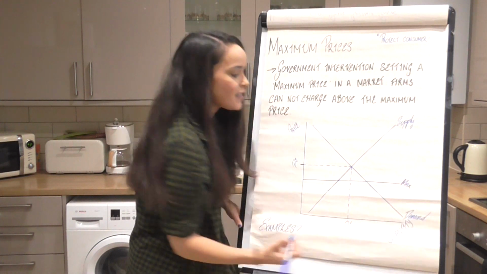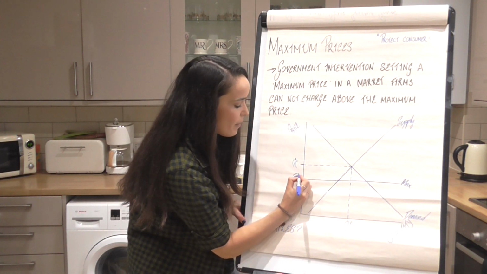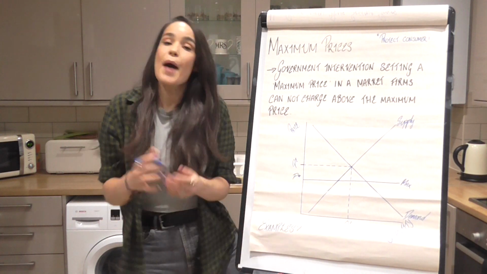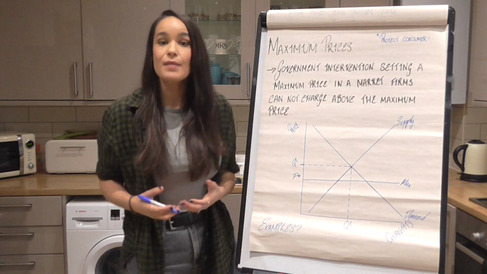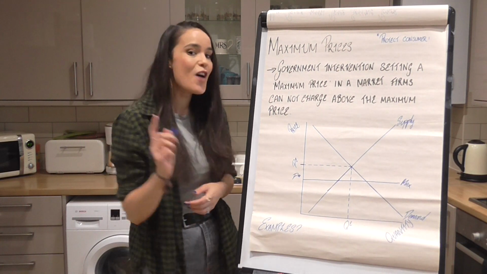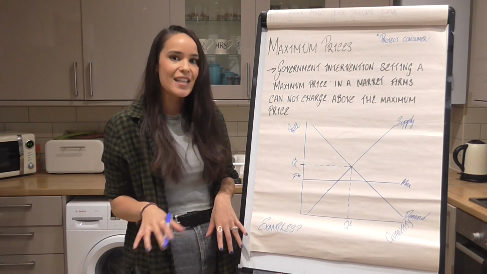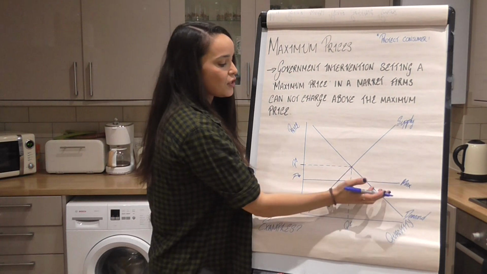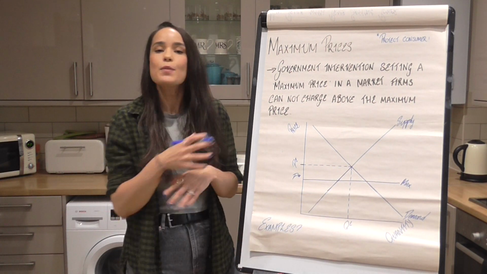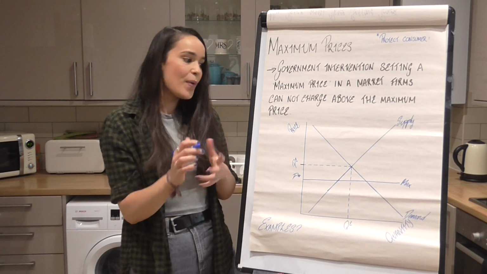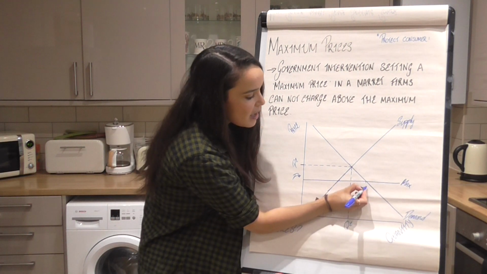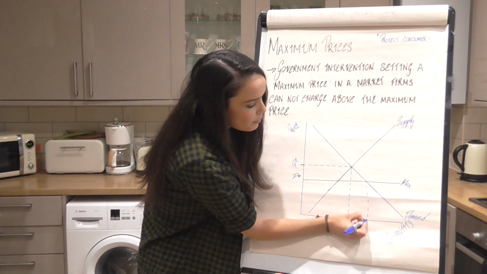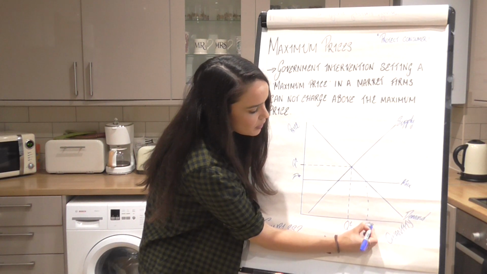So the implementation of a maximum price happens for many reasons and it has many effects in the market. The first thing that you should automatically see without a shadow of a doubt is that we've had an extension in demand. Purely theoretically, just on paper, we've had an extension in demand, and we can see that that's gone from QE to QD.